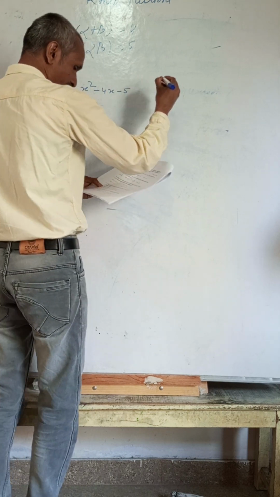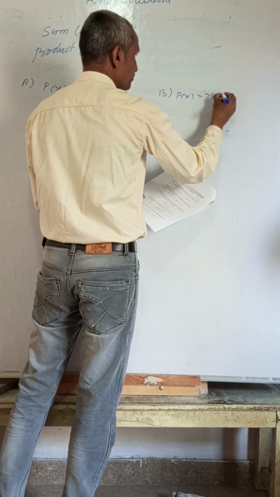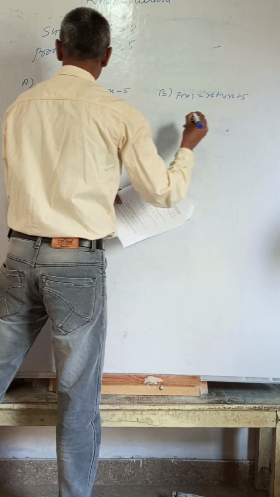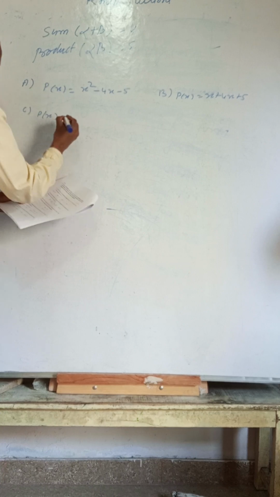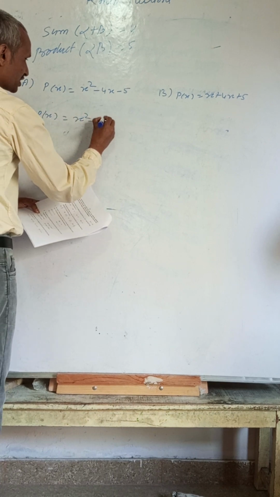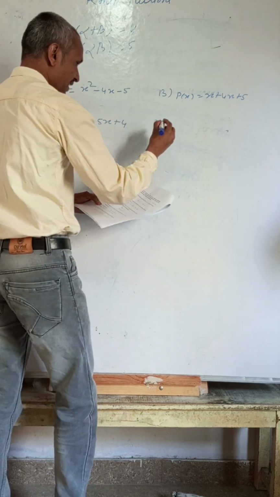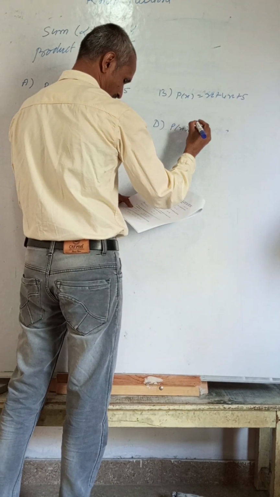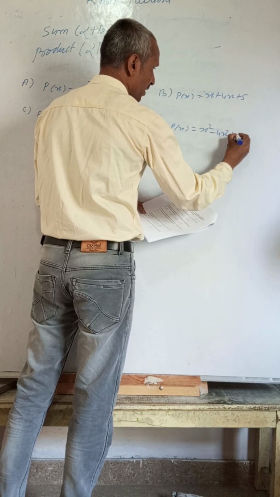B option, p(x) is equal to x square plus 4x plus 5. C option, p(x) is equal to x square minus 5x plus 4. D option, p(x) is equal to x square minus 4x plus 5.